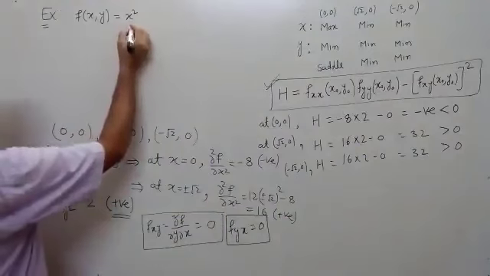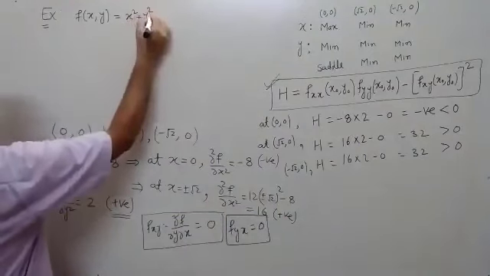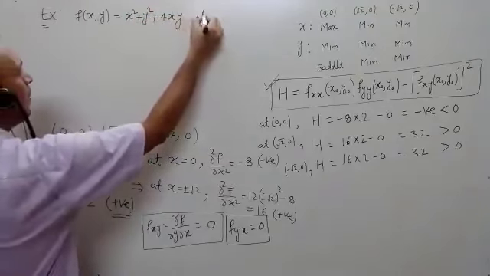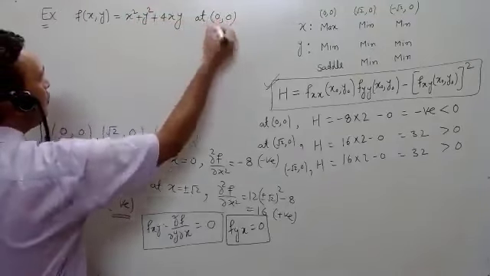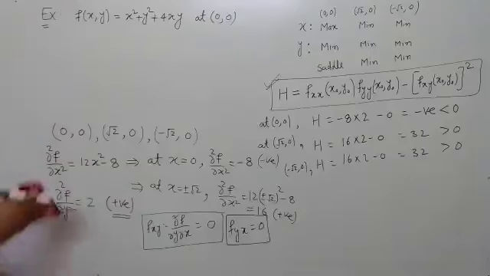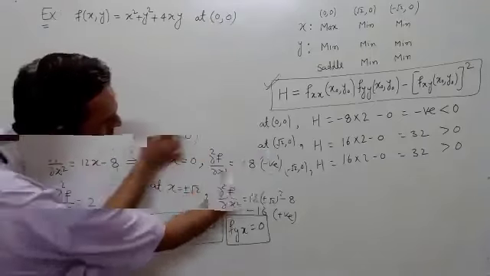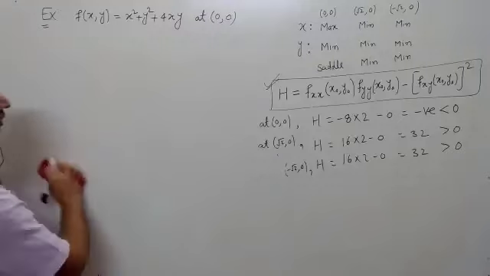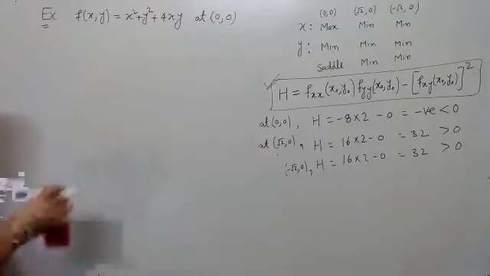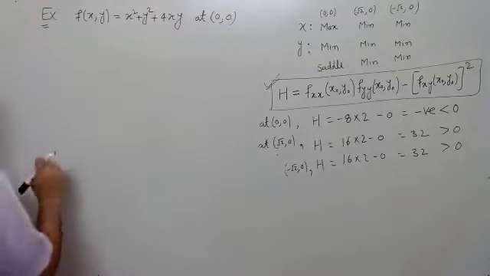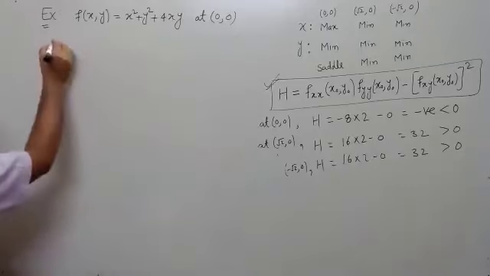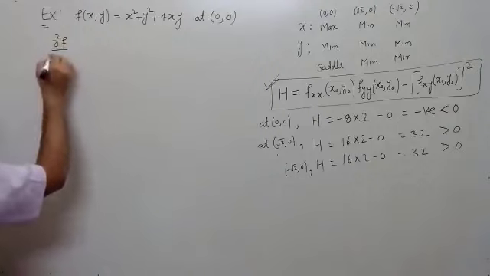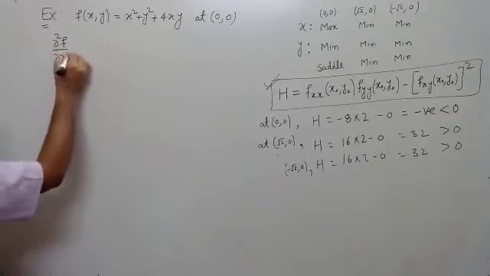Now the next example is, let's say, x square plus y square plus 4xy. In this case, you have to check at 0, 0. This point is given. Let us check whether 0, 0 is maxima, minima or saddle point. So we will check both conditions. So what will be the second derivative? Del 2f by del x2.